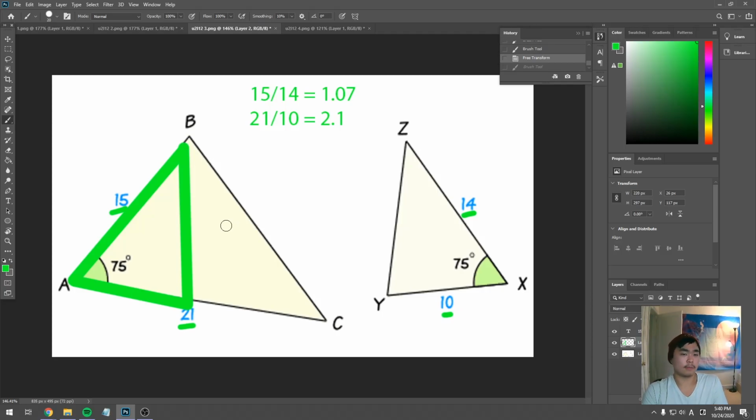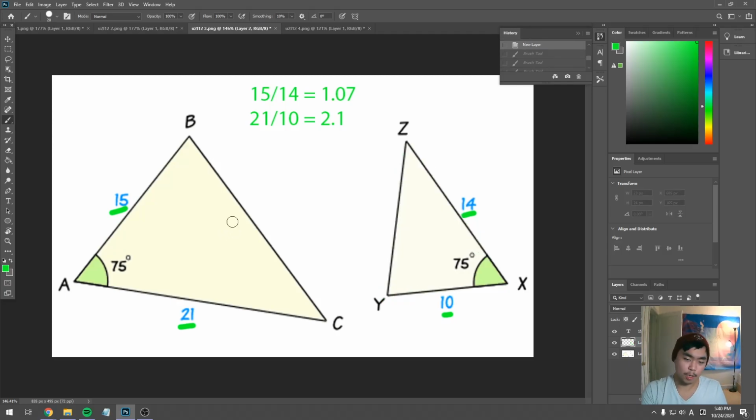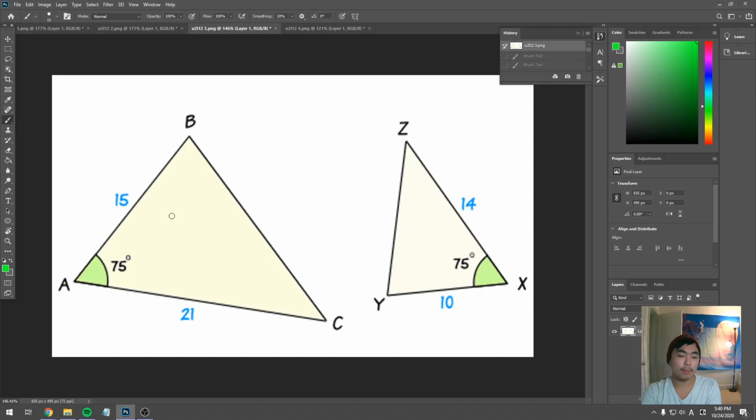Or are they? Well, let's rewind here and see what we can come up with. The problem is how I match them. Originally I matched 15 to 14 and 21 to 10. But what if I did it the other way? What if I did 15 and 10 and 21 and 14?